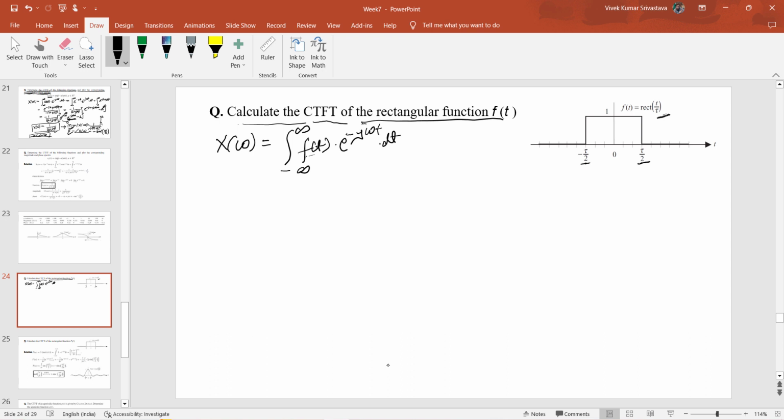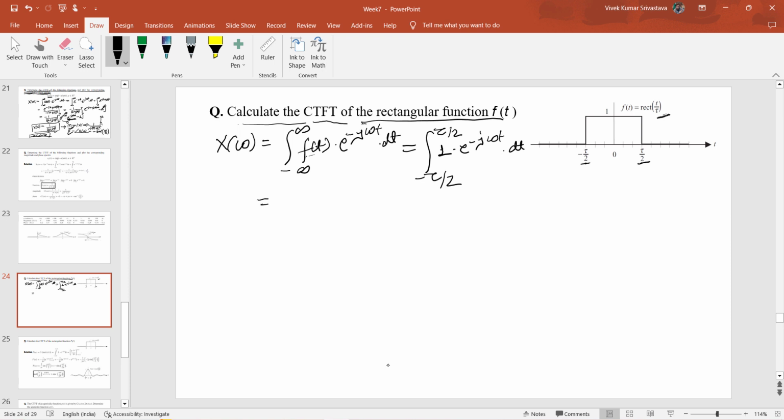Okay, so now you have to put the value of f of t here. So this will be equal to the integral from minus tau by 2 to tau by 2, and the value of f of t is 1 here, into e raised to the power minus j omega t dt.